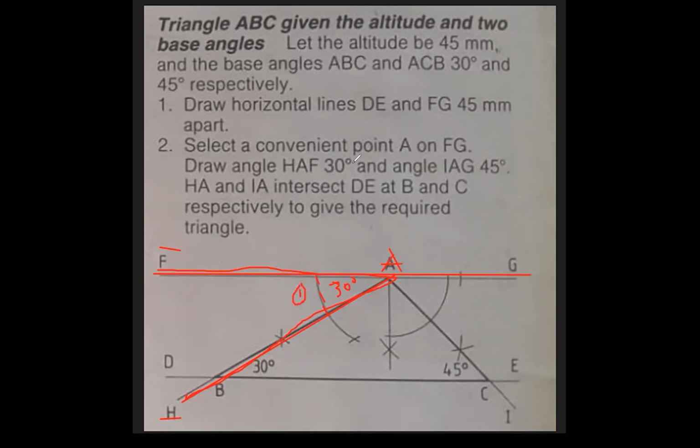At 30 degrees. And then we're going to draw IAG. So where's I? I, A, and G. So then we're going to come out here and draw this one here at 45 degrees. And that's the second thing we're going to do.